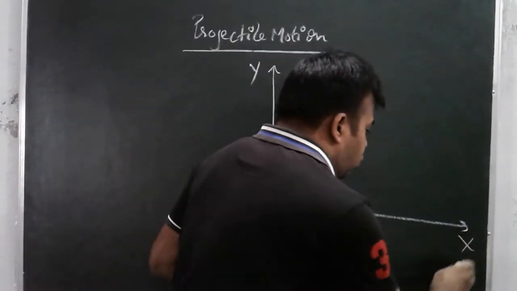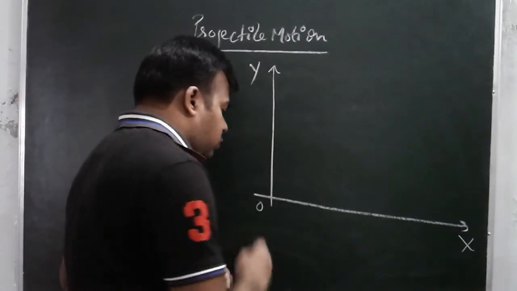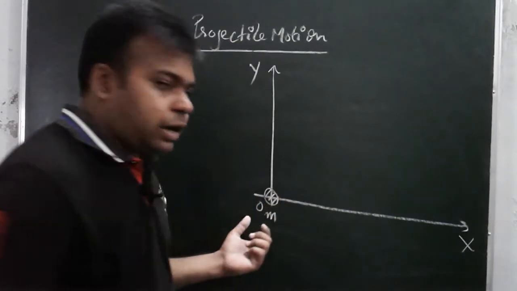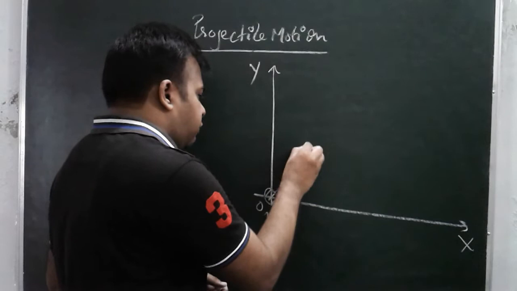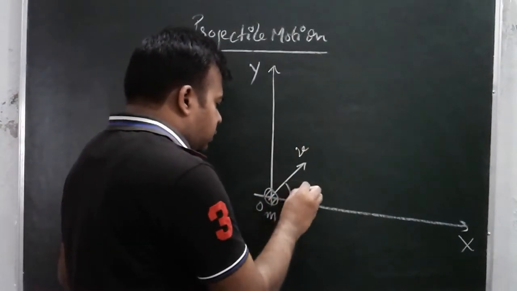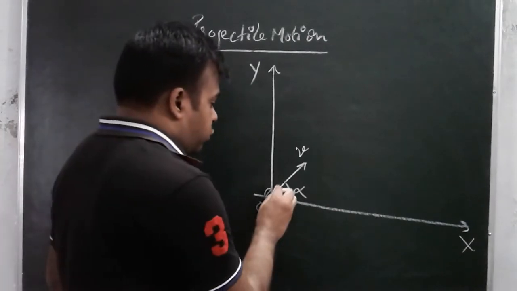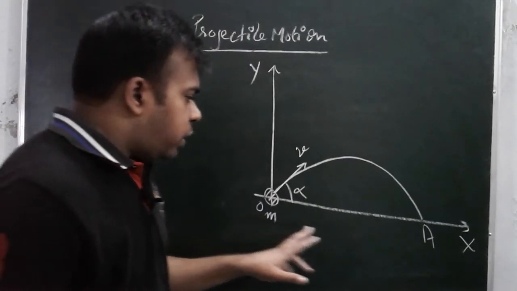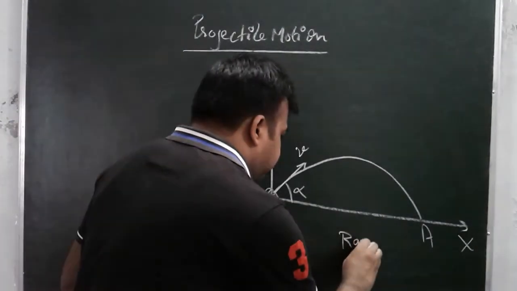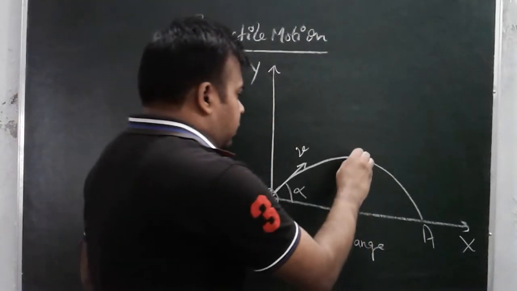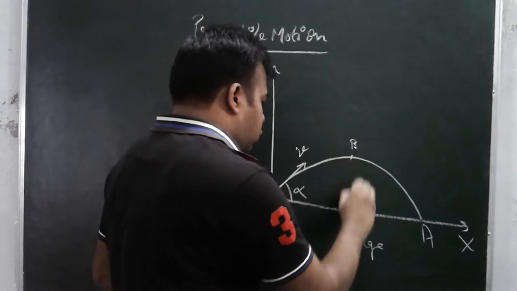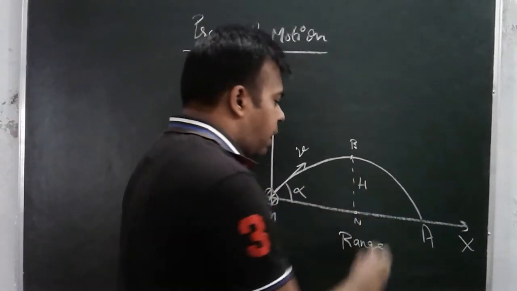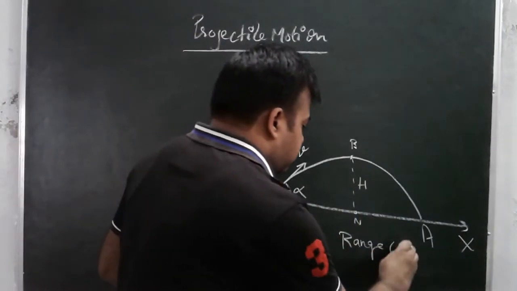I am taking two coordinate axes, x and y, because motion is in two dimensions. If a ball of mass m is kept at the origin and given an initial velocity v at an angle alpha with the horizontal, it will trace the trajectory of a projectile and the ball will hit the ground at point A. So this OA will be called the range of the projectile, and if I join point B to N with a line, it will be called the maximum height of the projectile.